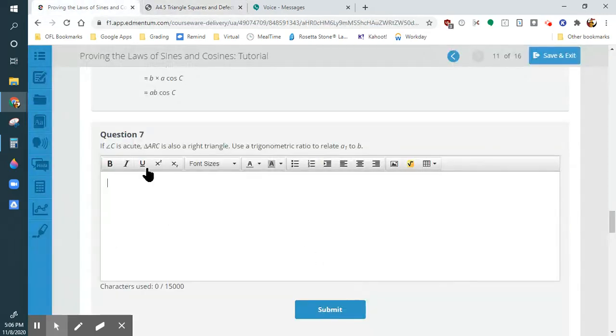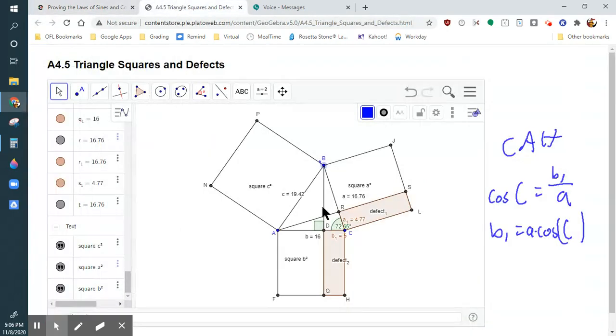I kept thinking A sub 1. Oh, wait, it is A sub 1. A sub 1 to all of B. So this little thing to all of B. So in other words, we're trying to find the relationship of this side right here to this over here.